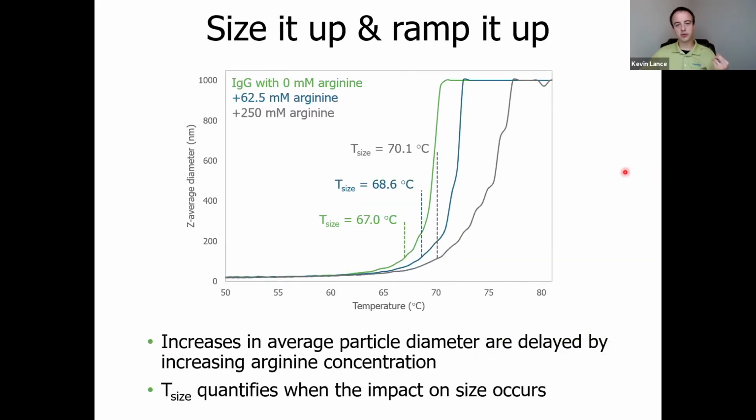So if we look at different formulations, I wanted to pull one more example in for this thermal ramp for DLS. We can look at IgG in different concentrations of arginine and understand how arginine suppresses that change in size. And so we know that higher concentrations of arginine give us higher T sizes, so that we know that these formulations are more reluctant to aggregation.